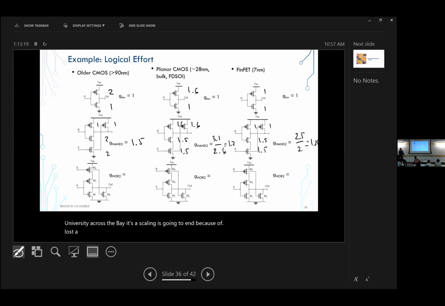People are going to be demotivated, because the performance is just not going to be good. Nobody's going to use these scaled devices. But this was one of the things that really helped, that our logic became closer to inverters and became better.